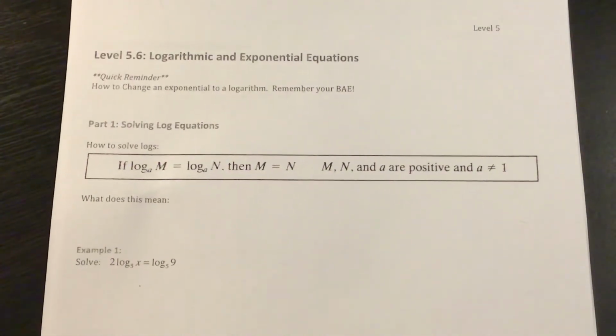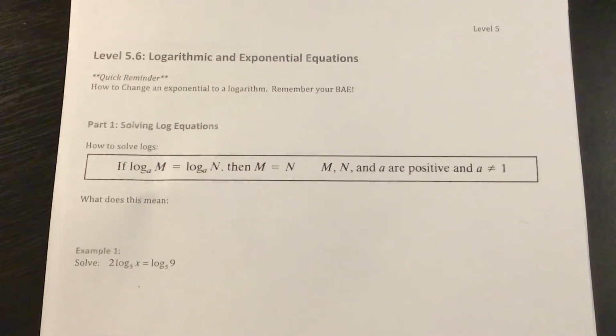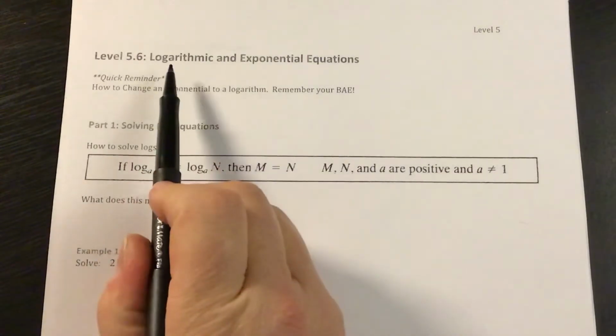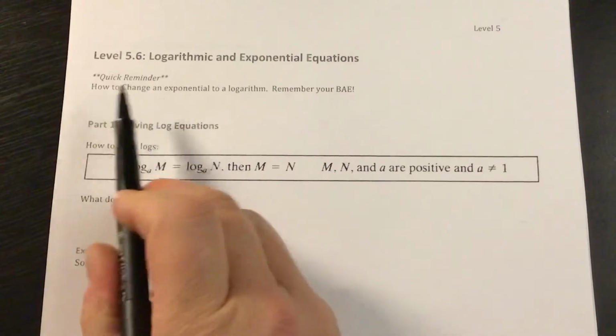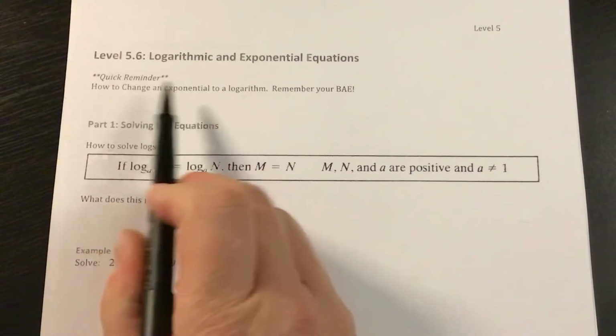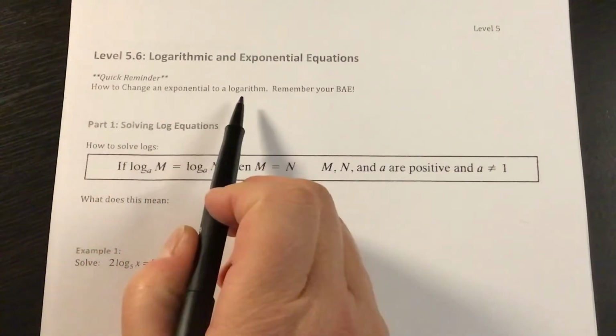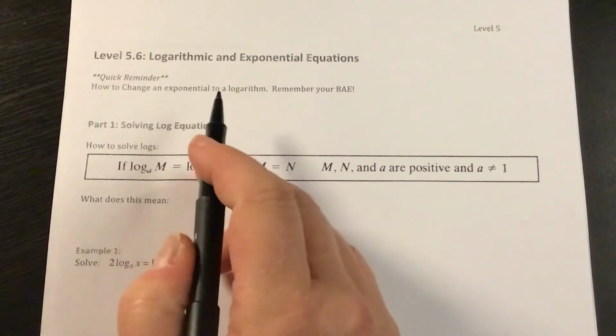Okay, so here we go in solving equations that are logarithmic and exponential. First of all, we're going to just remind ourselves how to change an exponent equation to a logarithm.